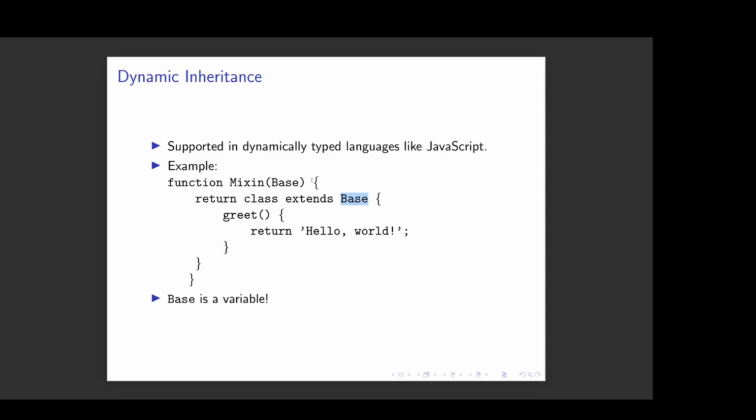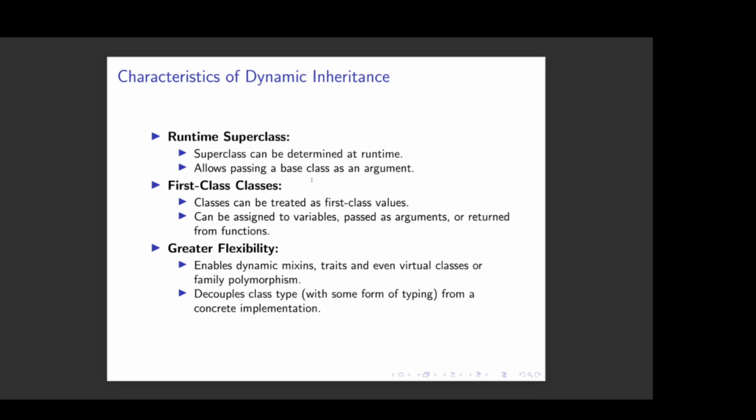So to give you a summary of the characteristics of dynamic inheritance, one characteristic is that the superclass is determined at runtime. In particular, you can parameterize over the superclass. So you can pass a base class as an argument, and then create a new class inheriting from that base class.